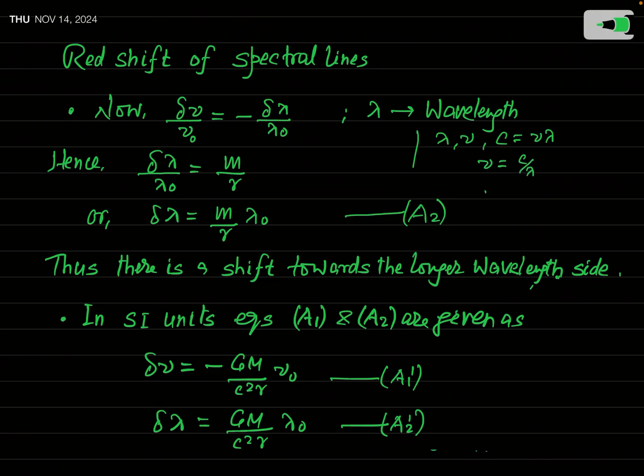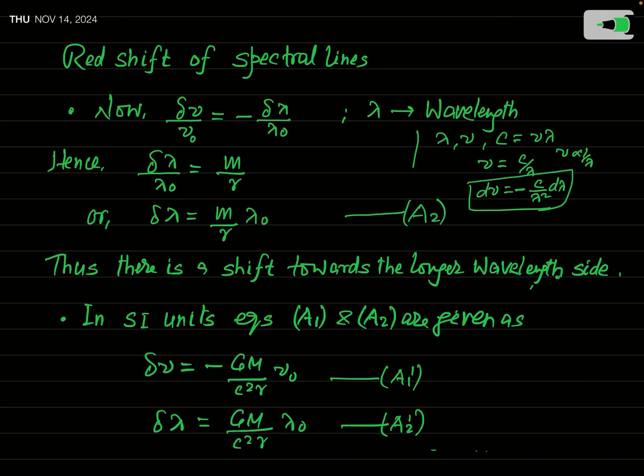And therefore d nu will be equal to minus c over lambda square times d lambda. You can see this minus sign refers to the fact that when frequency decreases, there will be an increase in wavelength, because nu is inversely proportional to lambda.